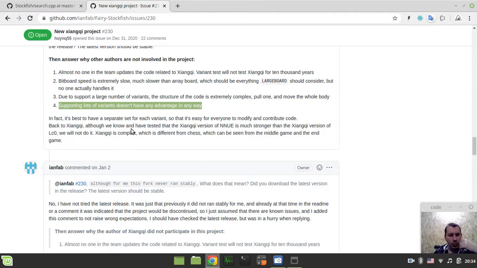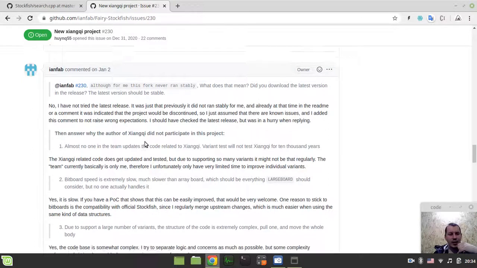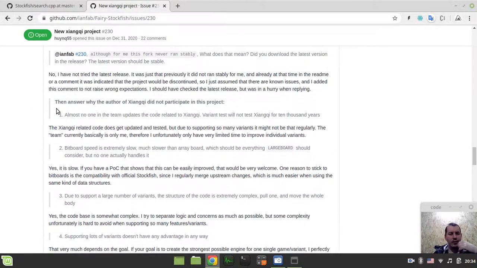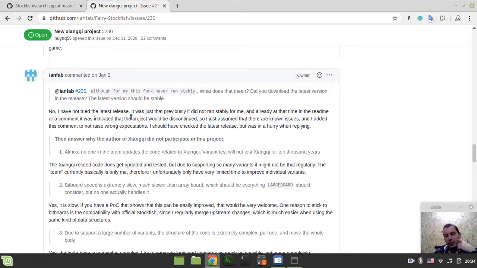Back to Xiangqi, although we know and have tested that the Xiangqi version of NNUE is much stronger than the Xiangqi version of LilaChess 0. Oh my god, they have the Xiangqi version of LilaChess 0 already. Can you believe it? We will not do it. Xiangqi is complex, which is different from chess, which can be seen from the middle game and the end game.